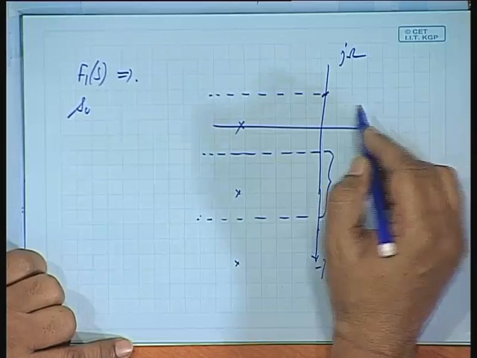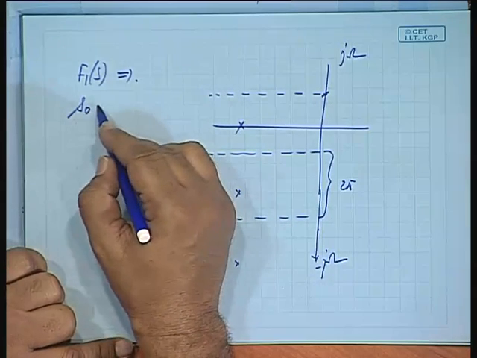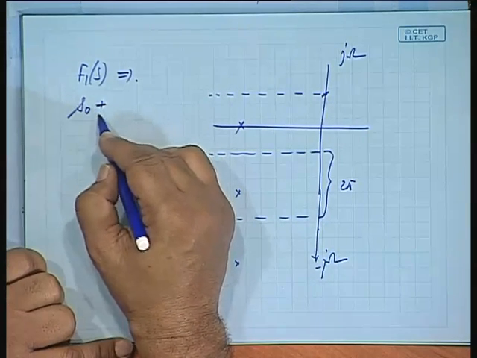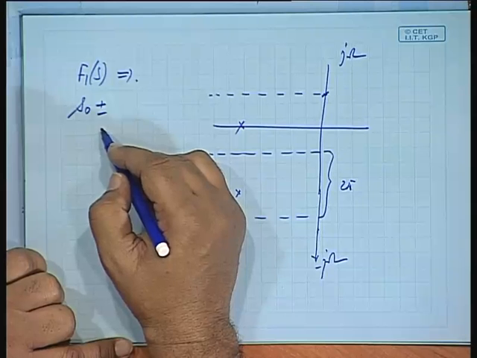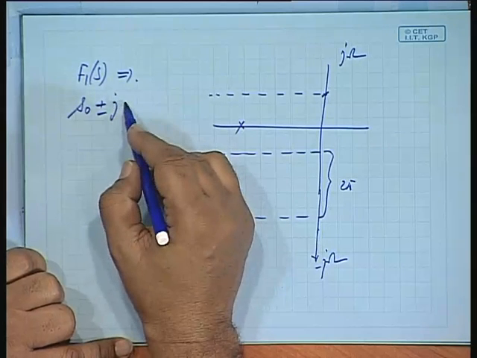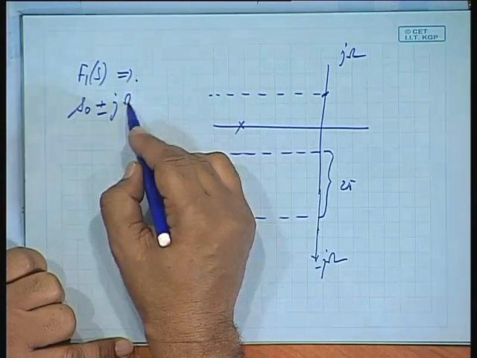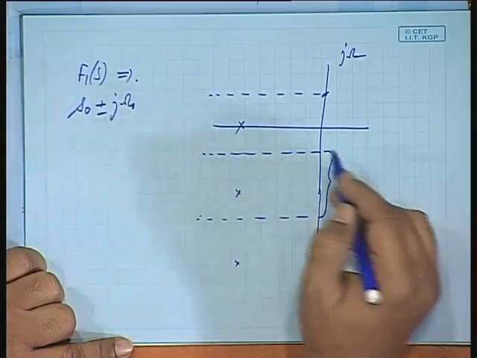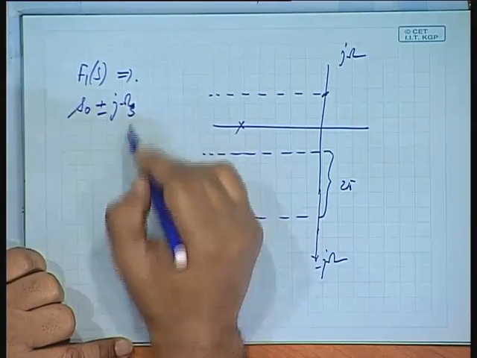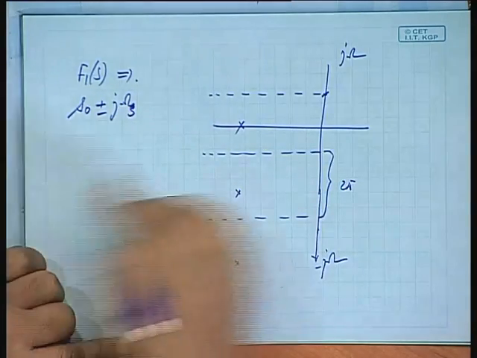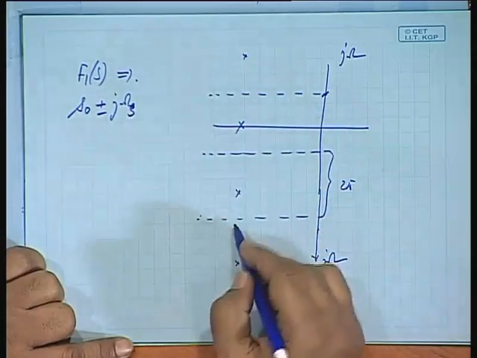Is that all right? So, s naught plus minus j omega naught, where omega naught, or omega sample, I will write omega sample, will be the location of other roots.